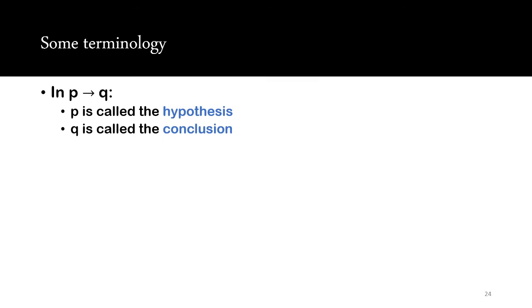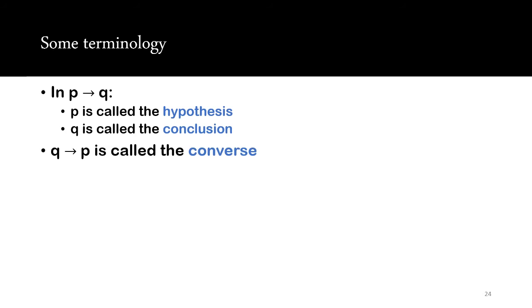In P implies Q, the hypothesis implies the conclusion. That's what they're called. It's just nomenclature. You don't have to call it that. You could just call it P and Q. But if you ever encounter them calling it the hypothesis and the conclusion, you heard it from me here first.